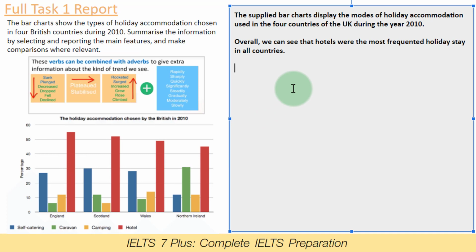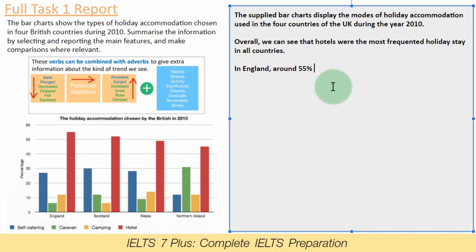So let's say in England, over, we could say around. We can't see the exact figure, but it looks about halfway between 50 and 60.